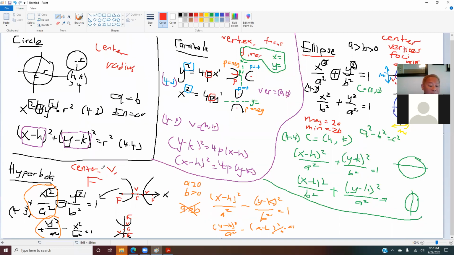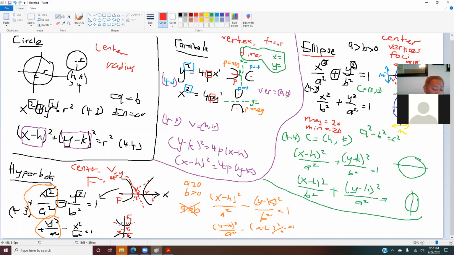Okay, so we got center, vertices, foci, which is the same thing as the ellipse, but then you also need to have one more, asymptote. So for hyperbola, you have to figure out asymptote. This asymptote is where you need to draw a straight dashed line. And this dashed line will pass your center. So this line is what we call your asymptote line.